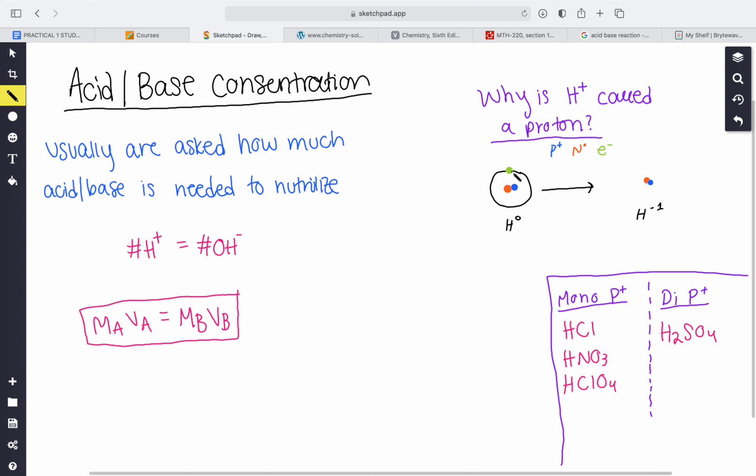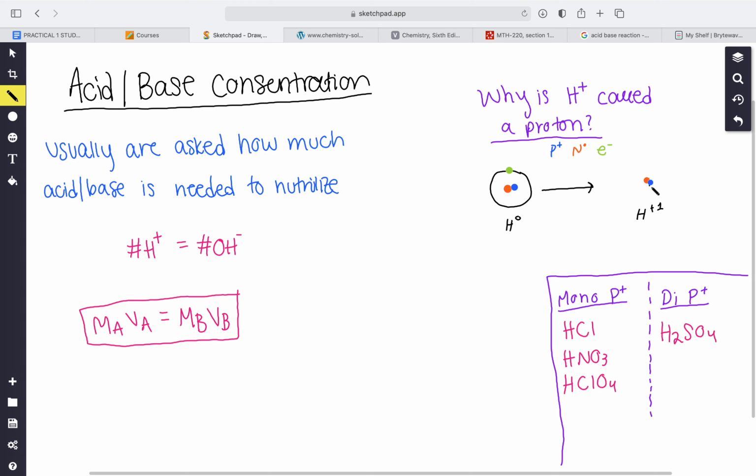When it forms as an ion, this is supposed to be +1 by the way, it's going to lose that one electron, and all you're left with is one proton and one neutron. So it basically just acts like a proton. Sometimes it might not even have the neutron, but most of the time we just say it's a proton because it doesn't have any electrons.